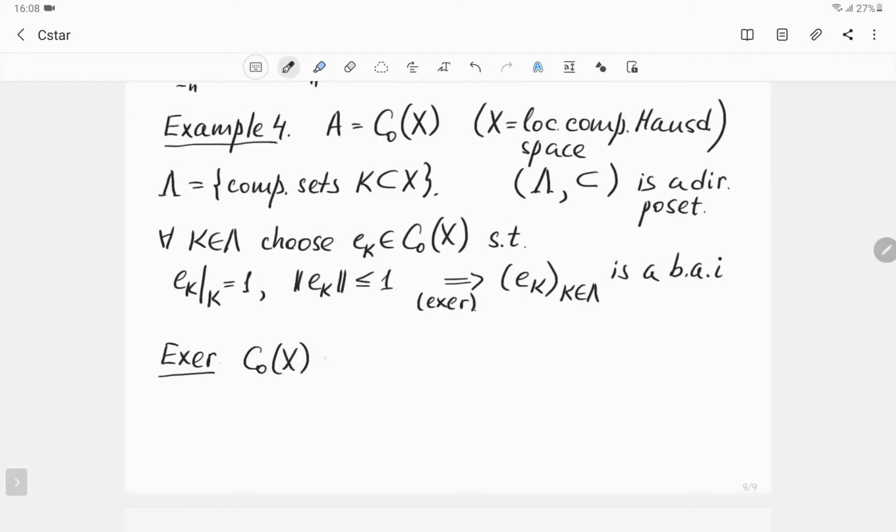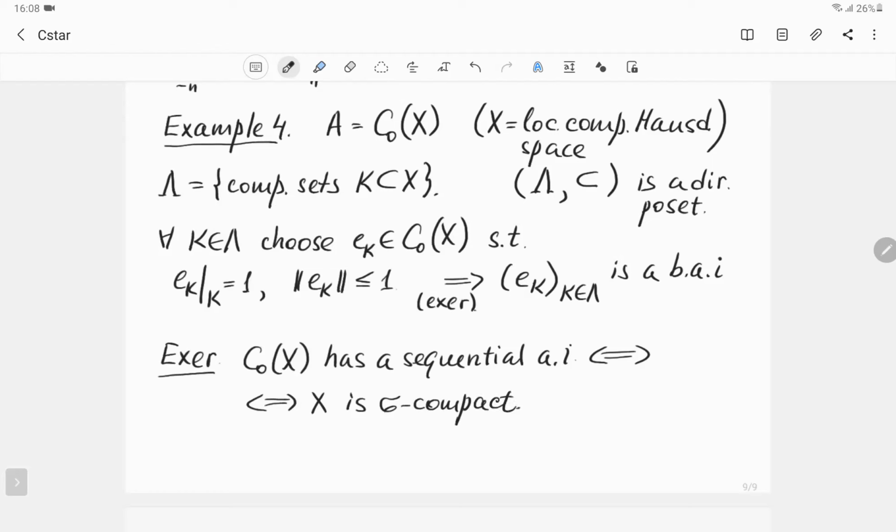C0 of X has a sequential approximate identity if and only if X is sigma compact, which means that X is a countable union of compact subsets.